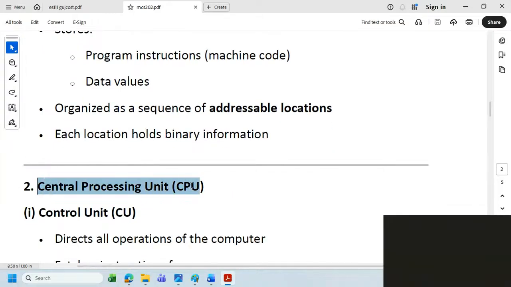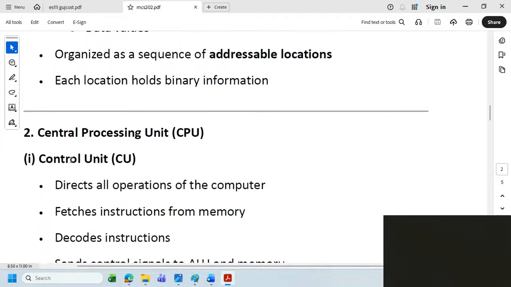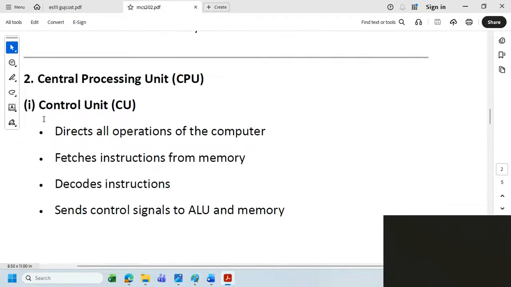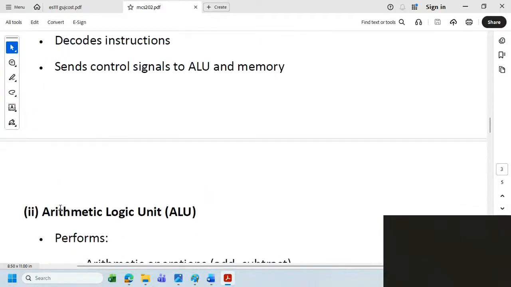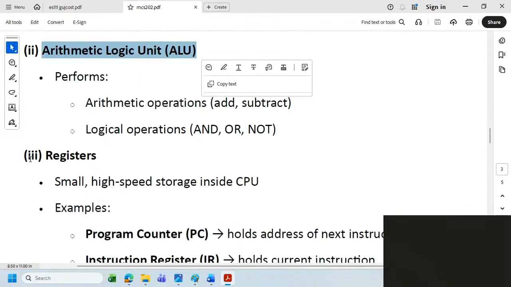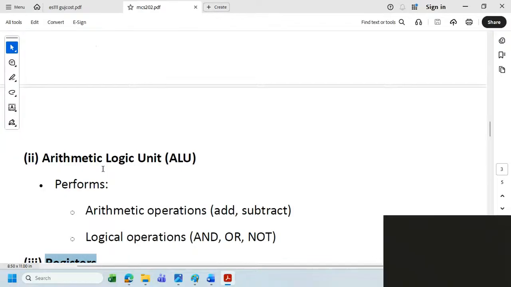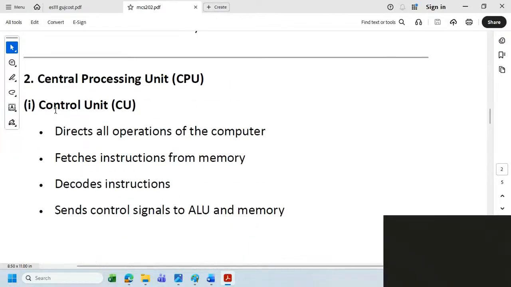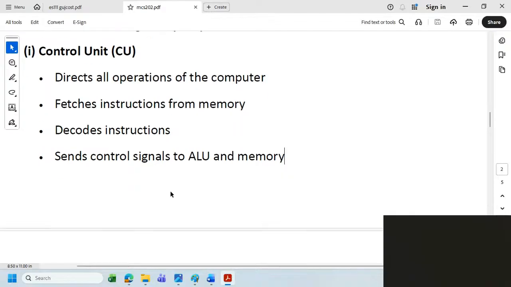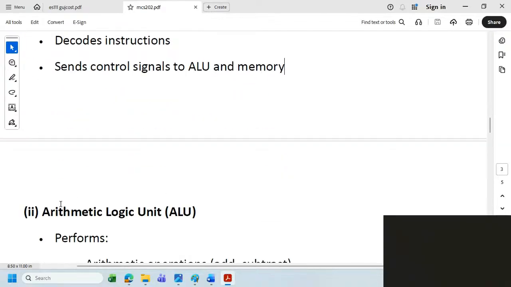The second is the central processing unit, that is CPU. Again, this consists of three parts. The first is the control unit, the second is the ALU, that is arithmetic logic unit, and third is registers. The control unit directs all operations of the computer, fetches instructions from memory, decodes instructions, and sends control signals to ALU and memory.